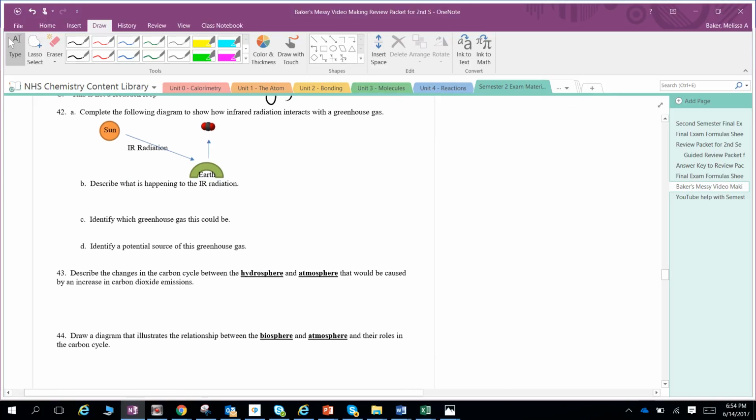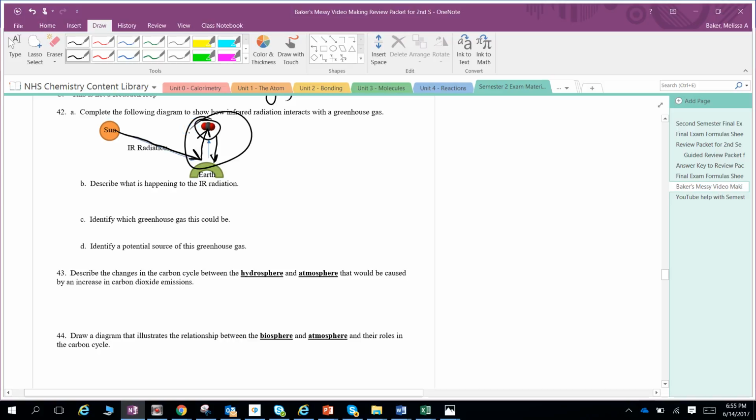42 says, complete the following diagram to show how infrared radiation interacts with a greenhouse gas. Well, as that infrared radiation comes into our atmosphere, normally it would radiate back to outer space, but it gets absorbed by greenhouse gases like carbon dioxide, and it can get re-emitted back toward Earth's surface.